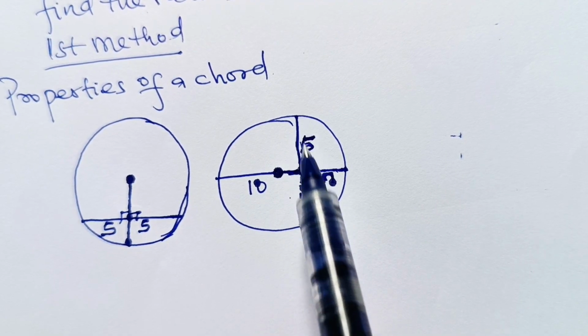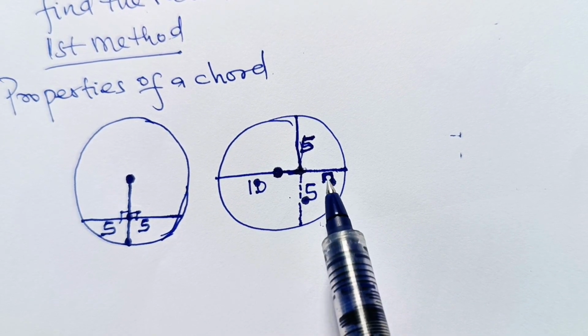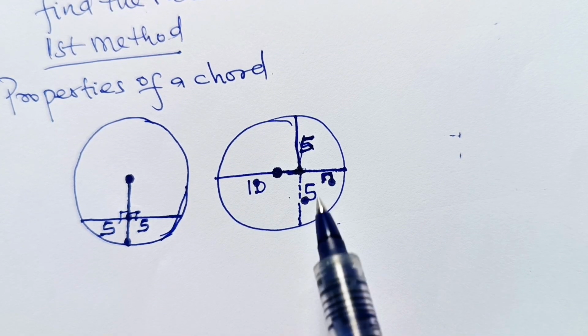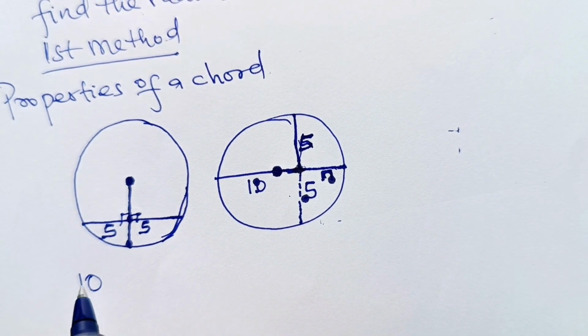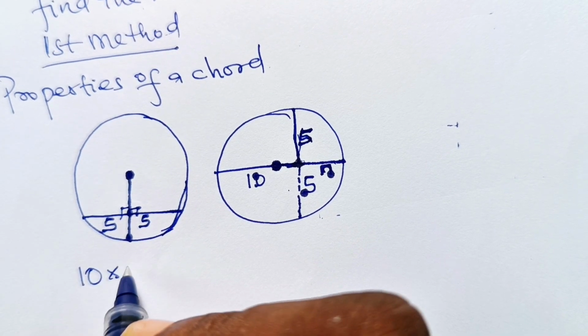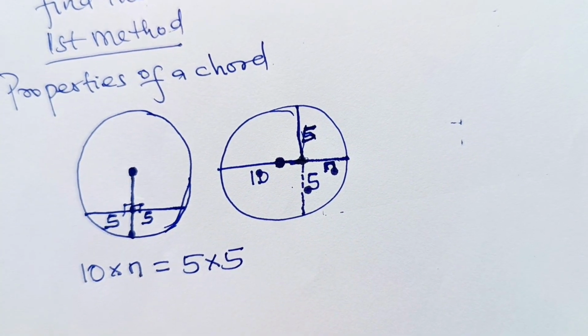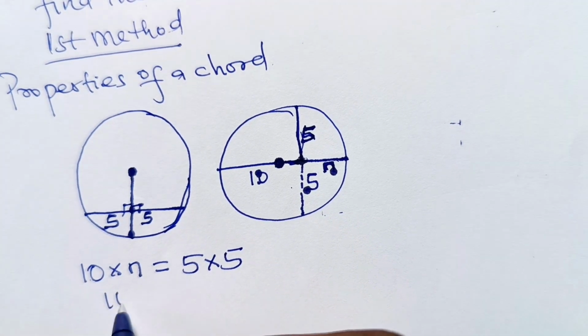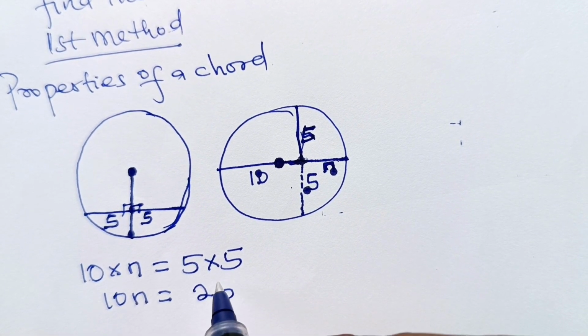When they intersect in this circle, that's 10 times n is equal to 5 times 5. So we can write that equation: 10 multiplied by n is equal to 5 multiplied by 5. Now 10 times n is 10n, is equal to 5 times 5, which is 25.